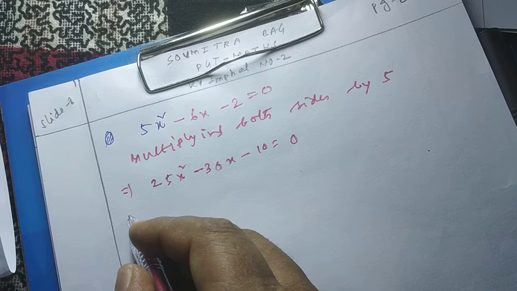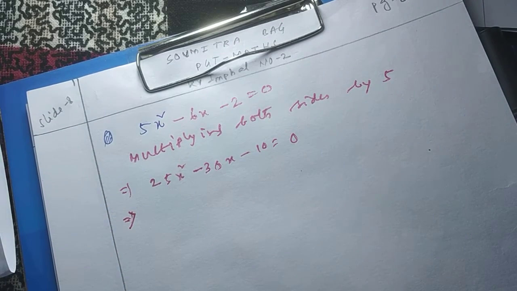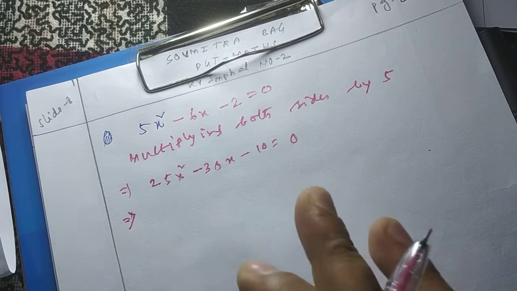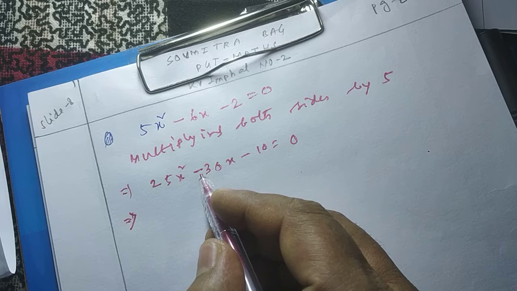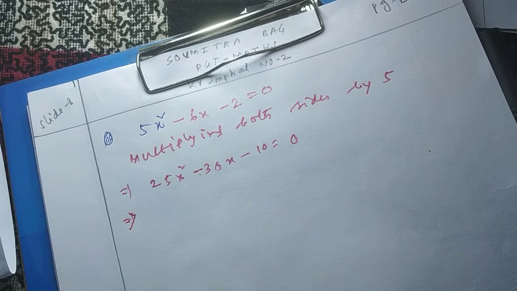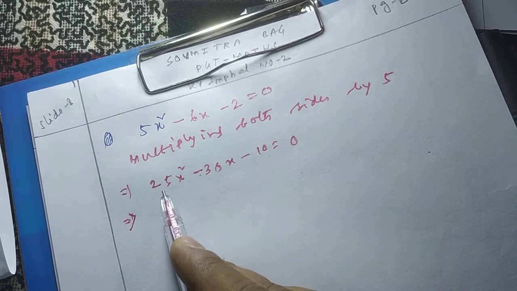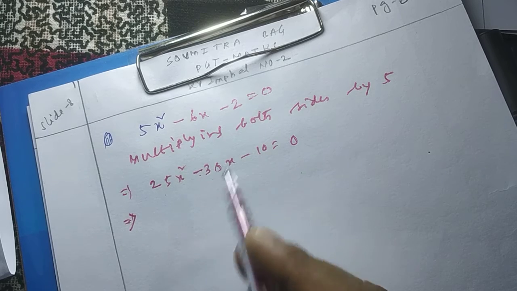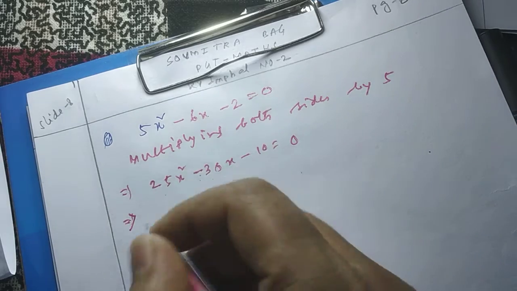My only target is to bring a perfect square on the left hand side, either a plus b whole square or a minus b whole square. But here you see it is minus, so it is confirmed you have to bring the a minus b whole square formula, because we are going to bring a square minus 2ab plus b square. It is minus, so in this way we can confirm.